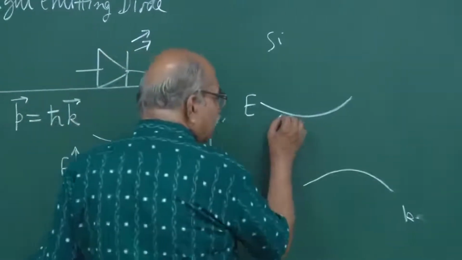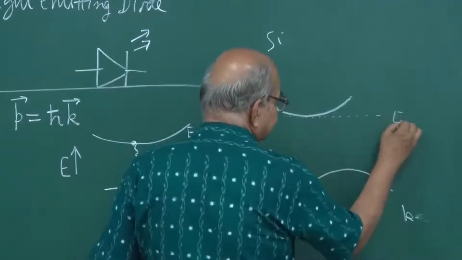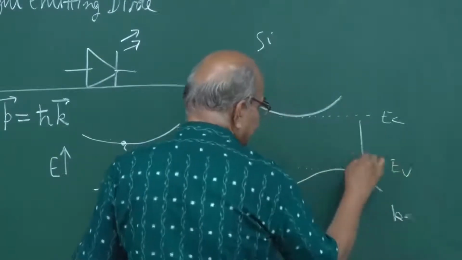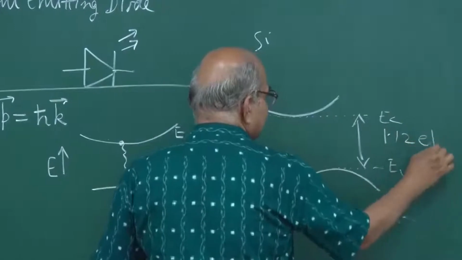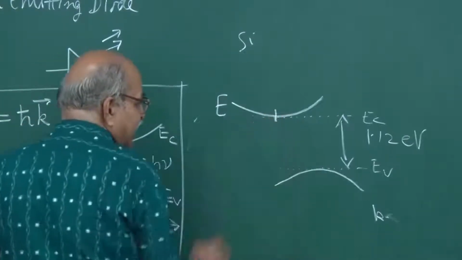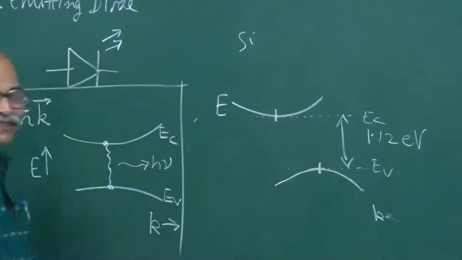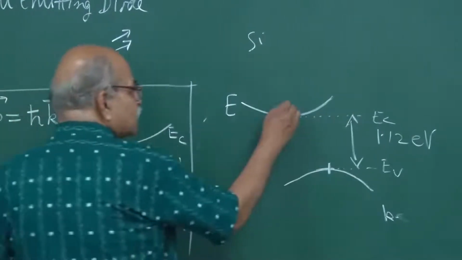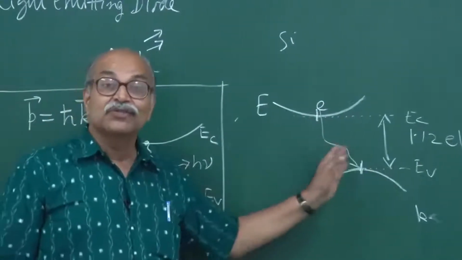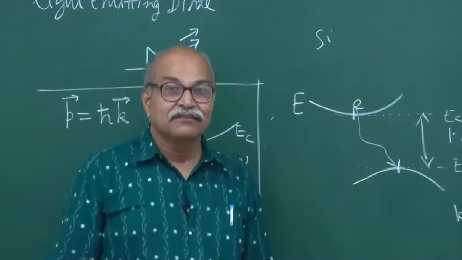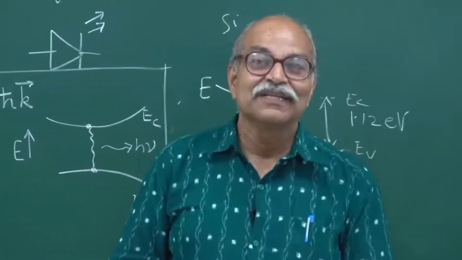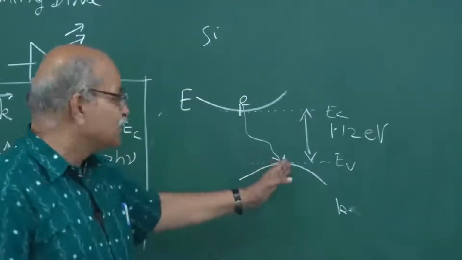So, the bottom of the conduction band and the top of the valence band, yes, it is 1.12 eV, but this minimum occurs at a different K and this minimum occurs at a different K. So if the electron has to go from here to here, the momentum is also changed appreciably, and just a photon emission cannot respect that conservation of momentum, because momentum has to change this much.